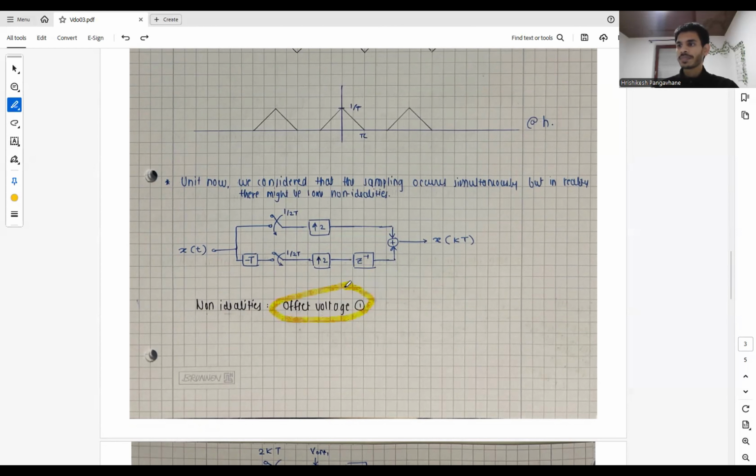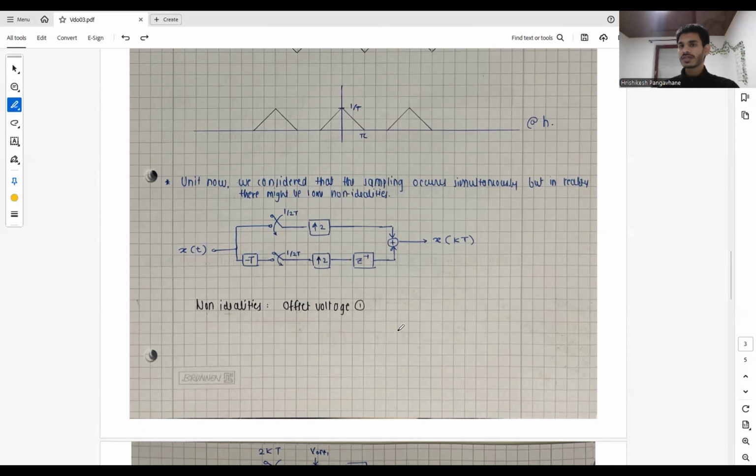We'll start with offset voltage. So what is the offset voltage? It is basically the minute error which is present when we take the difference between two nodes of, let's say, an op amp. When we design an operational amplifier, or when we have our integrator, we take the difference between the two input nodes.